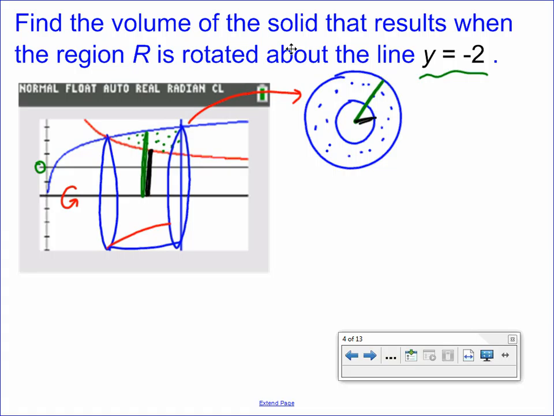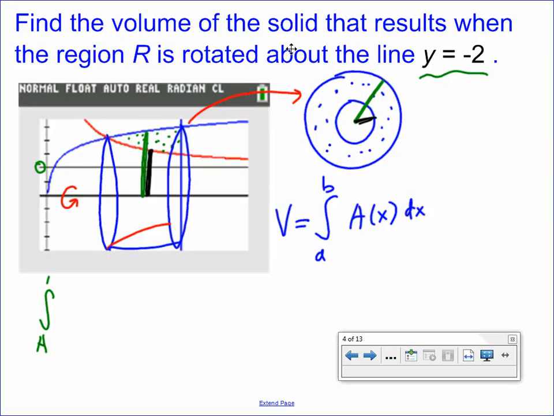And I know the volume V of my solid will result from integrating from a to b my area function A of x of a typical cross section with respect to x, across my x values from which the cross sections can be taken. So what do we do for this case? We already have that intersection point, thank goodness, stored as alpha A. So we'll integrate from alpha A to 1.